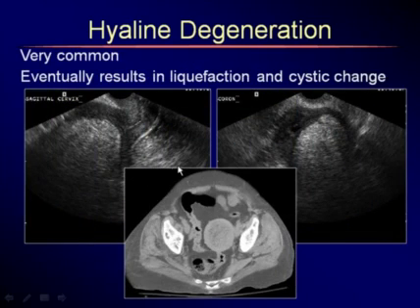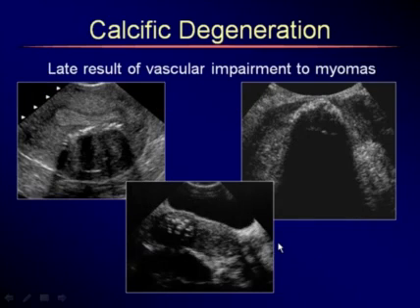It tends to be a bit echogenic. So sometimes they can be hyperechoic. They can liquefy and develop cystic change on top of that. Basically they are removed only based on symptoms. Now, calcific degeneration is a late result of vascular impairment.